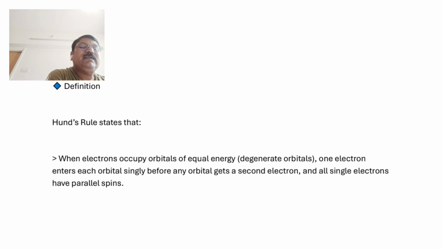You can take different examples. Nitrogen has 7 electrons. Electronic configuration is 1s2, 2s2, 2p3. Oxygen has atomic number 8 and electronic configuration is 1s2, 2s2, 2p4.